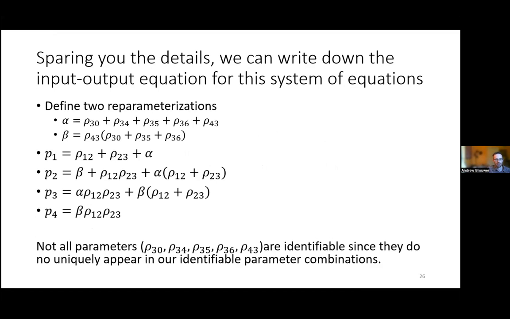If I do that, then my P1, P2, P3, and P4, which were coefficients of my input-output equation, become quite a bit more simplified. And you'll notice that ρ30, ρ34, ρ35, ρ36, and ρ43, given this information alone, could not be identifiable because they don't uniquely appear in our identifiable parameter combinations. Again, remember, we're thinking of this as the map from parameters to coefficients, and we're wondering if that is injective.